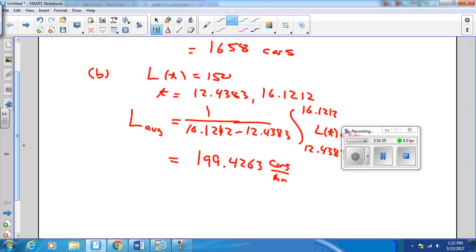I see. Yes, so you're right. My answer would be a little bit incomplete because I did not answer that question completely. Really, I should say that L is bigger than 150 when t is between these two values. So I agree with you.